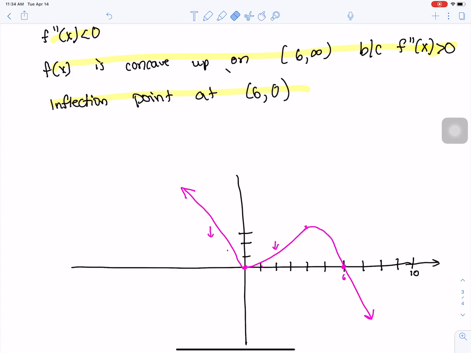So you have to watch the curvature carefully. So facing down, now I drew the curvature of this piece wrong. This one needs to be facing down. There's a local max at 4. Okay, then it kind of switches, coming down. So it's facing down all the way till I hit this point. And when I hit that point, it's going to go concave up.